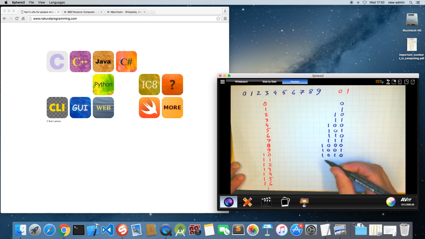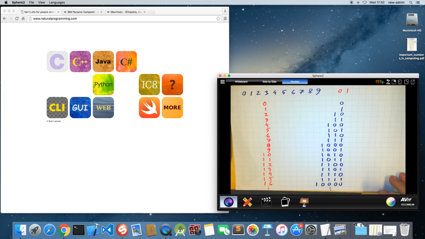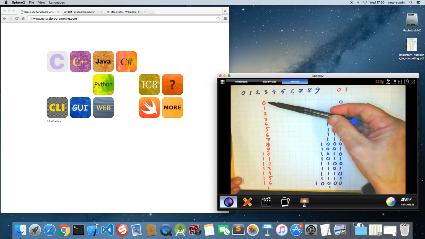We could continue this same writing operation forever, as we can with the 10 symbols.